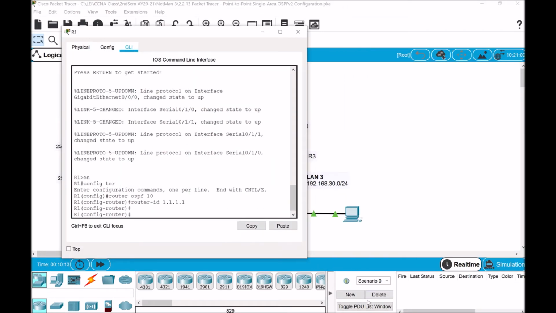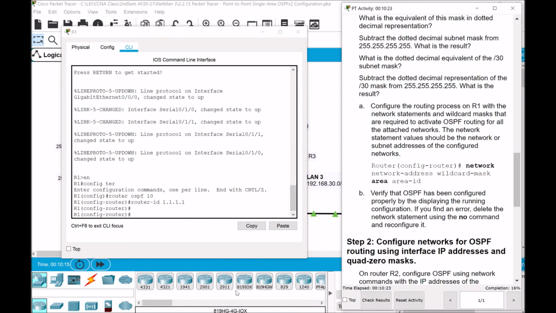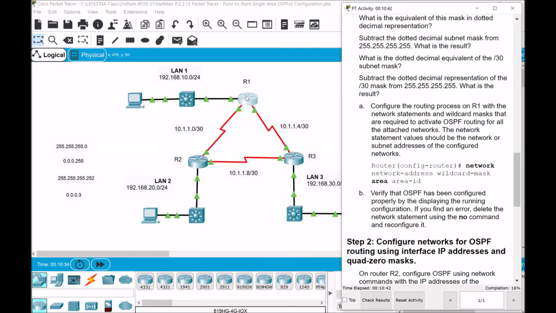Okay, so for R1, we'll be configuring all networks connected to R1. We begin with the first network. How many networks are there with R1? This is the first network, the second network, and the third network connected. We need the network address and the subnet mask.